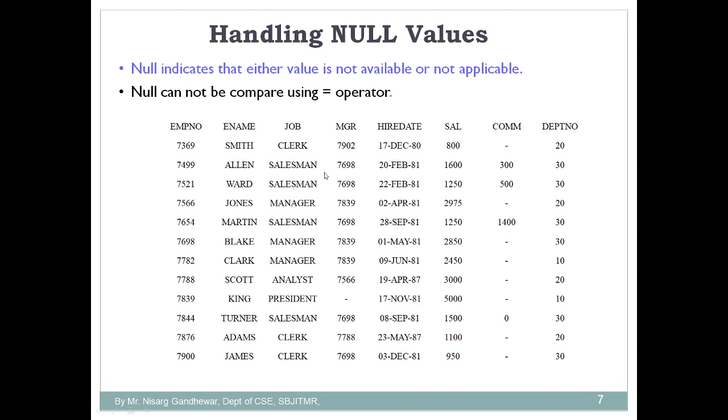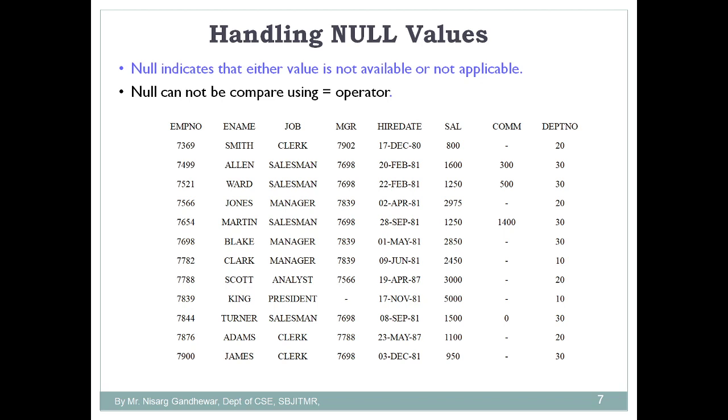Here we can say that for Smith the commission is null, for Jones it is null, for Blake, Clark, Scott and King it is null. For Turner the value of commission is 0. Is it a null? No, 0 is not a null. There is a difference between 0 and null. 0 means that person is eligible to get commission, but currently the commission for that particular employee, Turner, is 0.